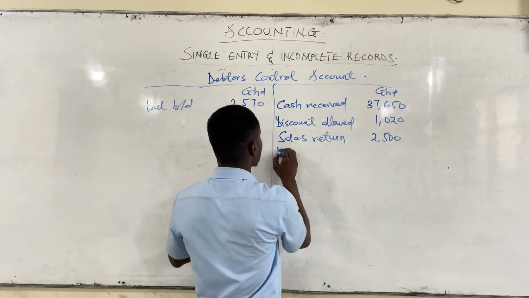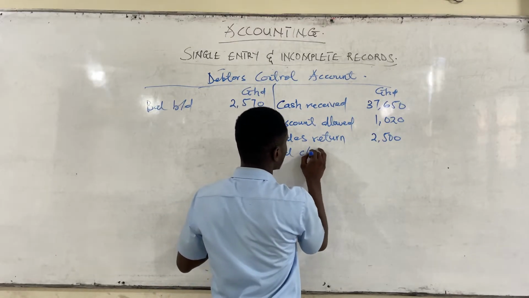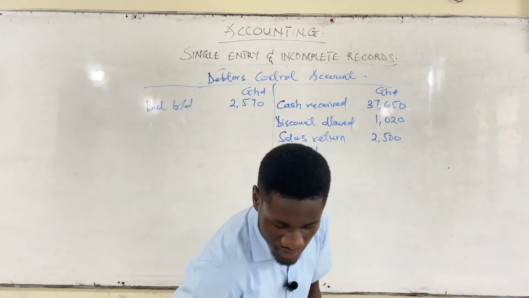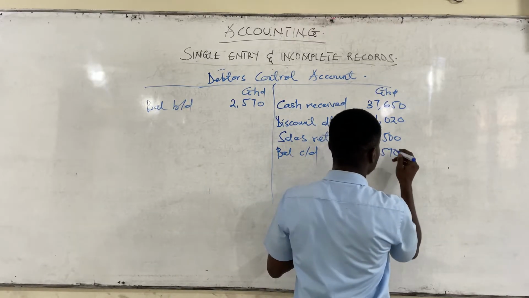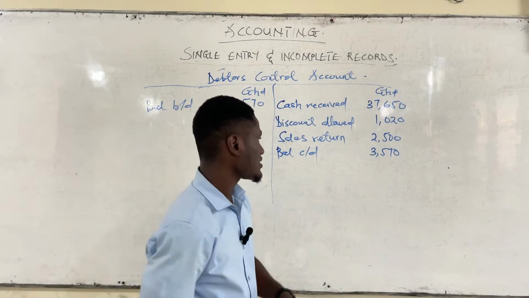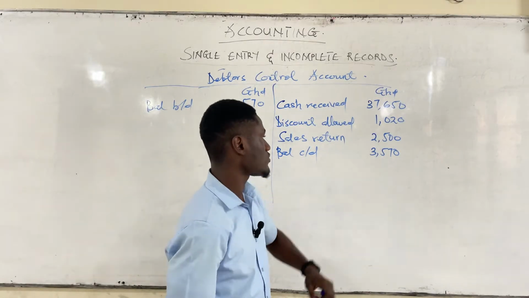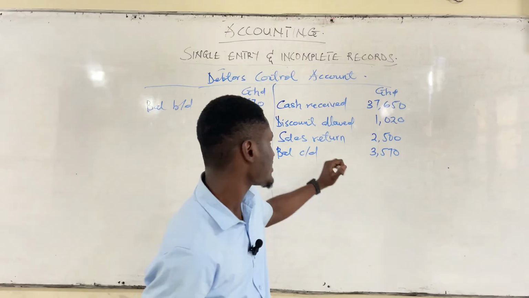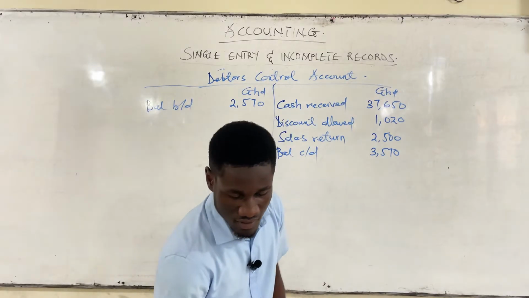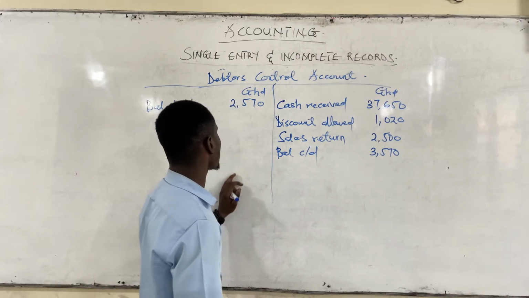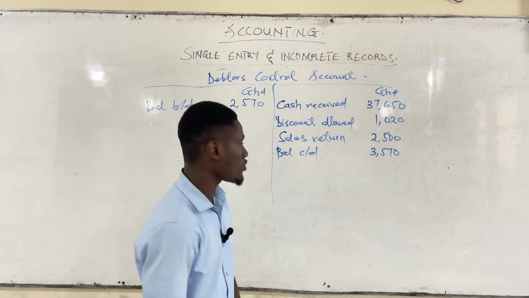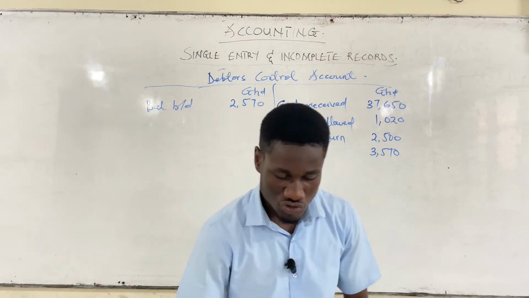And our balance CD for the debtors was 3,570. So that's our balance CD for the debtors in the question. Good. So with this, we have recorded every item pertaining to the debtors control account.